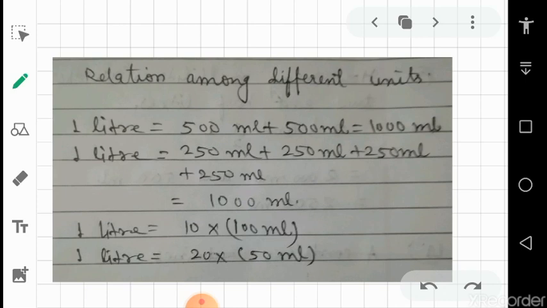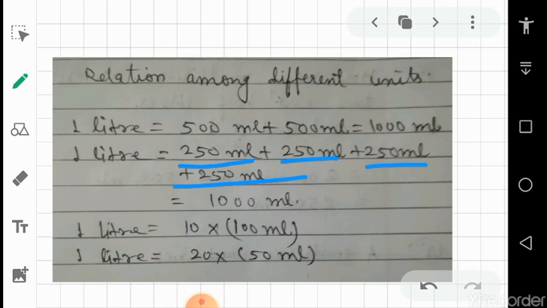Second, 1 liter equals 250 ml added 4 times, so 1, 2, 3 and 4. So students, if we add 250 ml 4 times, then we get 1 liter. Again it is 1000 milliliter.